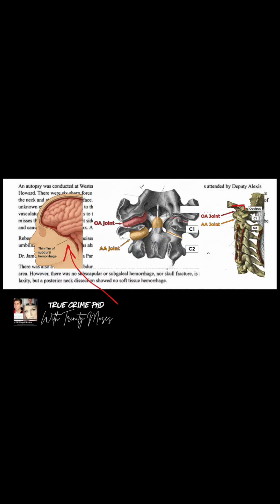So what that tells me and why it matters is, if the OA joint laxity, and I'll show you an image, were caused by violent neck trauma, number one, there would be a hemorrhage in the posterior neck muscles. Okay, there would be torn ligaments with bleeding. There would be damage to surrounding soft tissues. There's often fractures and so forth. So none of that is present here.